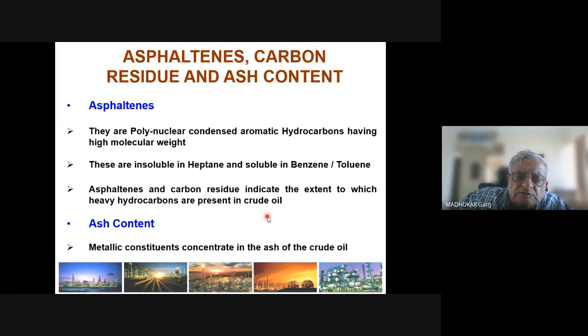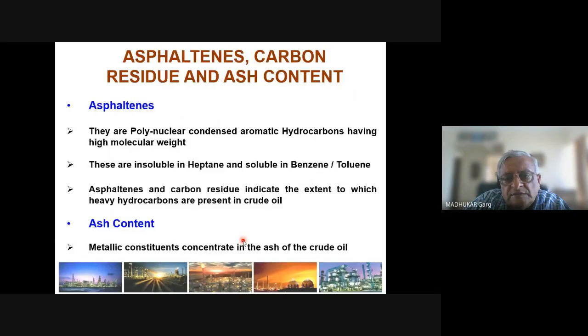The ash that you will get when you burn off crude oil is primarily because of the metal content, because the metals don't burn off; they just remain in solid form. So that is another way to determine how much is the metal content. Carbon, hydrogen, sulfur, nitrogen, all those will burn off. Anything with metal will just remain.